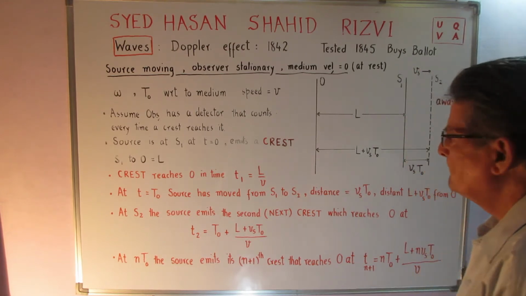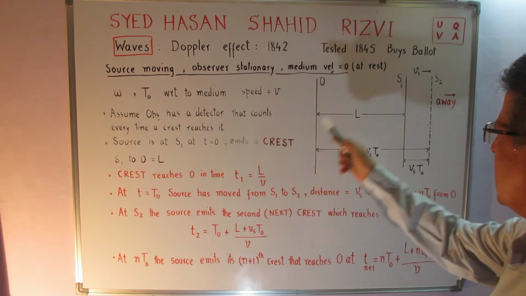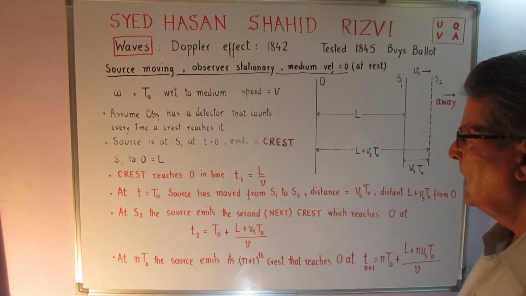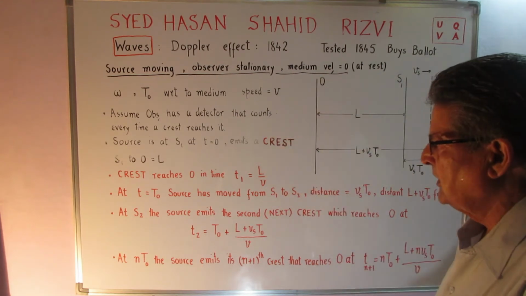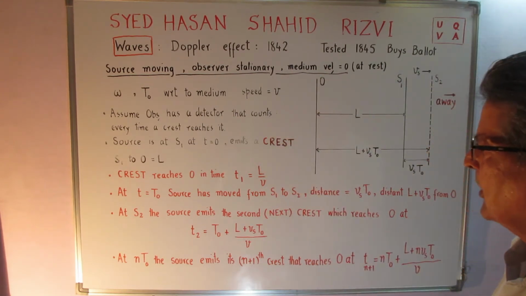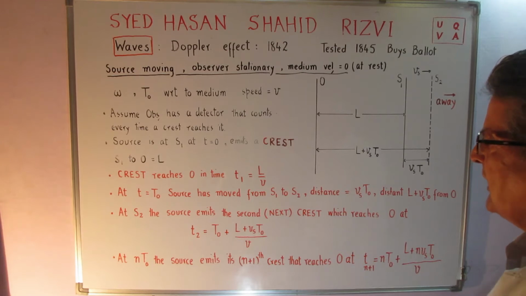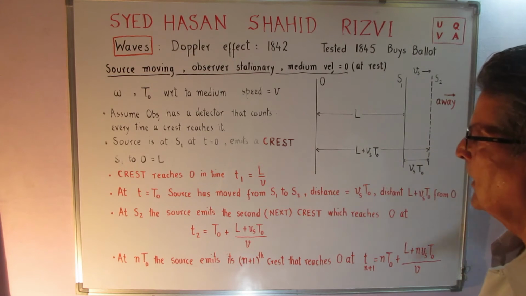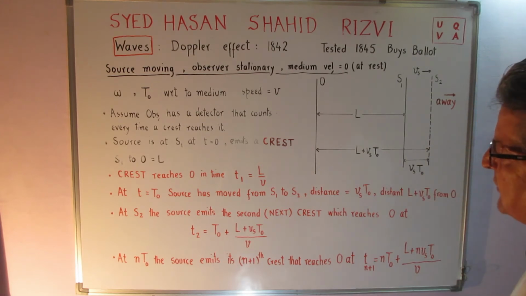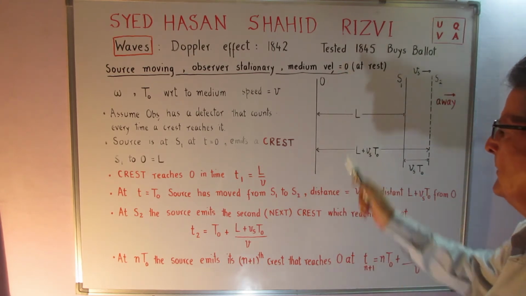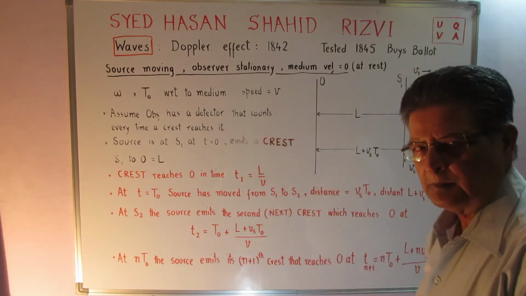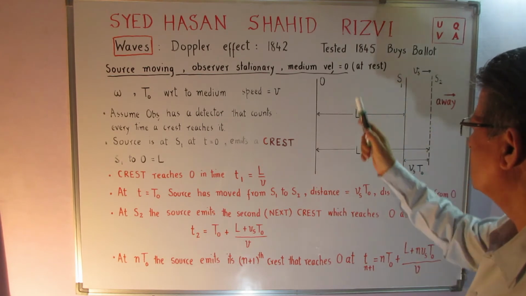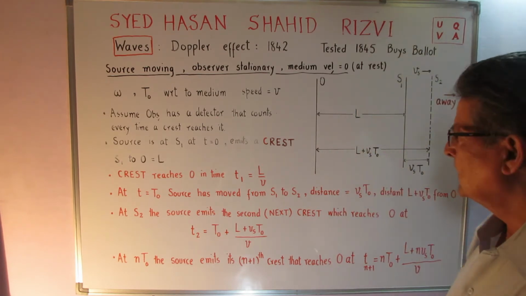So initially the source is at S1 at the time t equal to 0, and it emits a crest. The distance between S1 and O is equal to L. The crest reaches the observer in time t1, which is equal to L divided by the velocity v with which the wave is traveling.